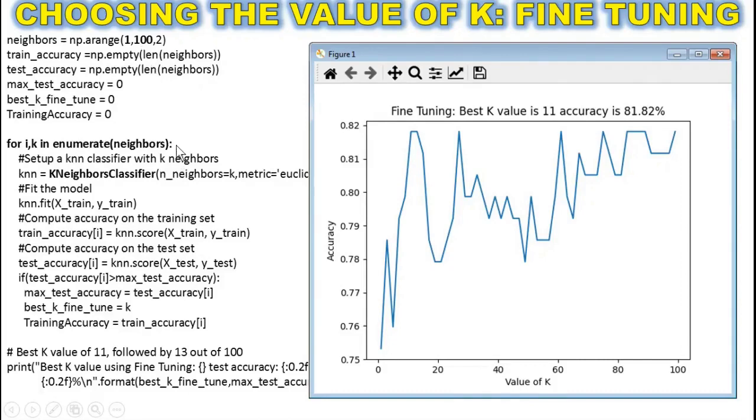The for loop will repeat instantiating the K-Nearest Neighbor classifier with k neighbors and gather the validation accuracy, and in the end, it determines the highest validation accuracy with its k value. The results are shown on this graph. The best k value is around 11 with a validation accuracy of 81.82%.